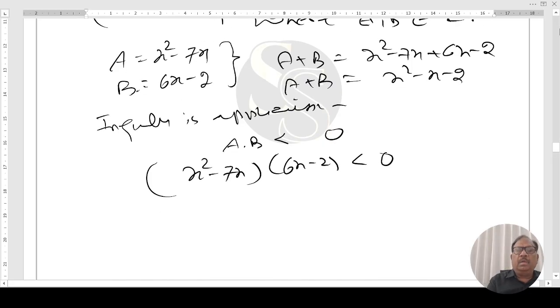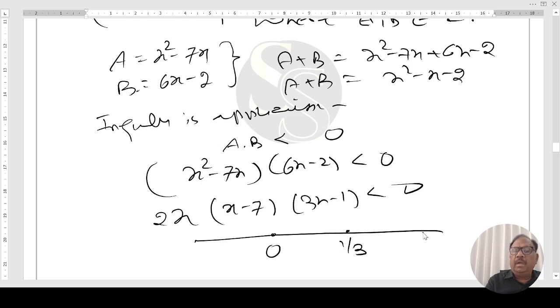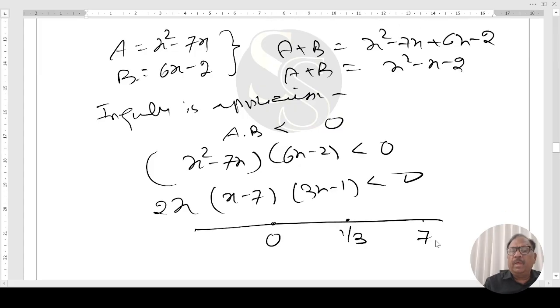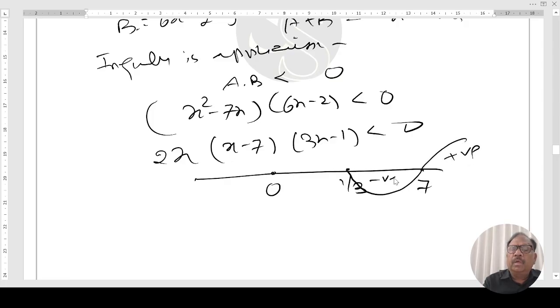Taking x common, x into (x minus 7) into (3x minus 1) is less than 0. So the points are x equal to 0, 1 by 3 and 7. Putting a value beyond 7, it will be positive, and the signs alternate: positive, negative, positive, negative.